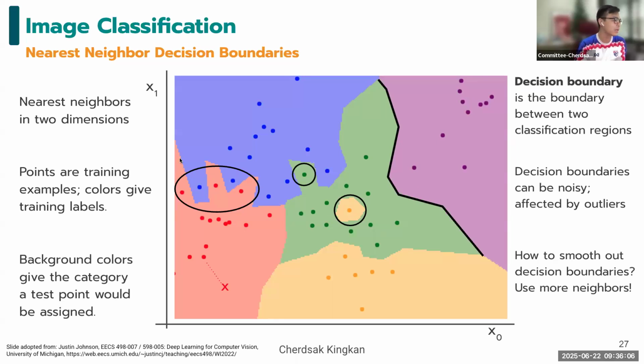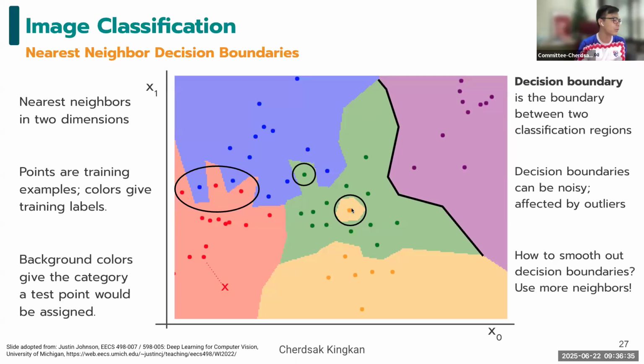For example, at the boundary between the blue and the red over here, it kind of jiggles around, right? So we can say that this is probably affected by some noise or some outlier. And for example, the yellow sample over here happens to be in the middle of the green category.